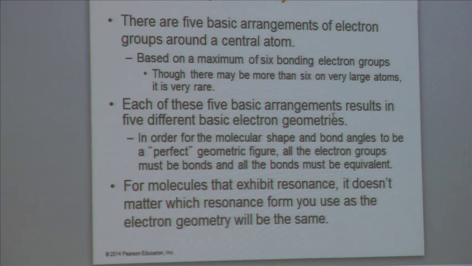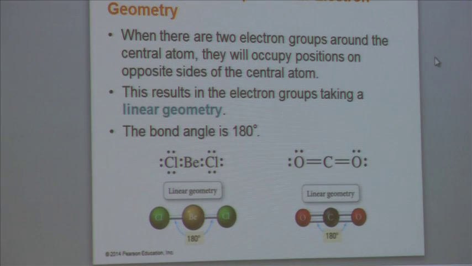basic arrangements result in different bonding geometries. So we can look at the linear electron geometry, for example, where we have bond angles of 180 degrees.